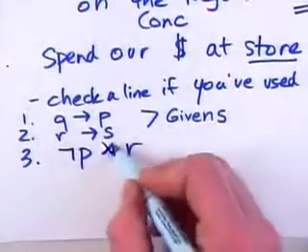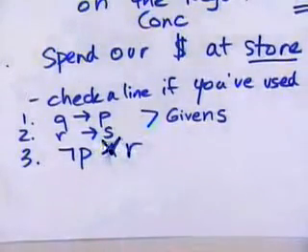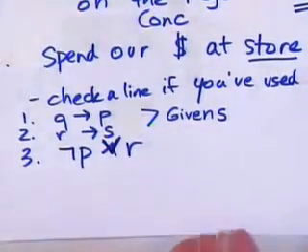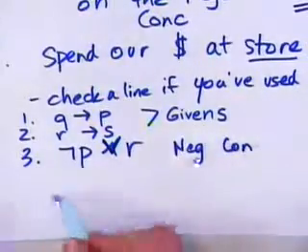I meant to do an or there, because if I had an and, I would have used simplification and not ended up with this. So this is my negation and the conclusion after I've done stuff to it.